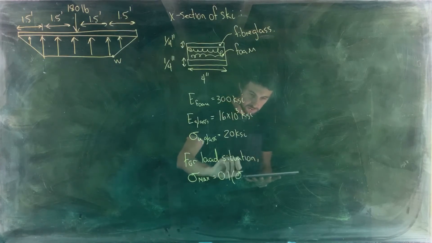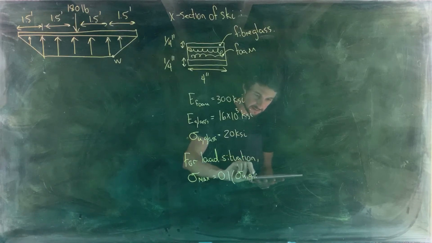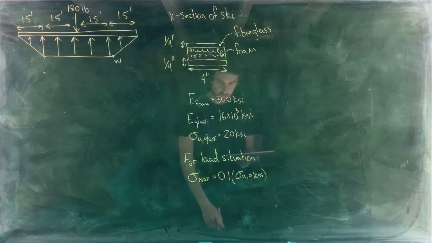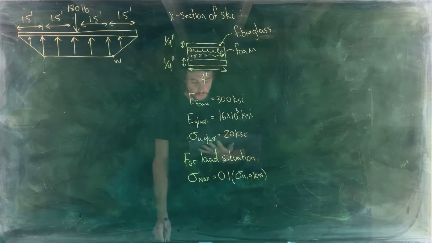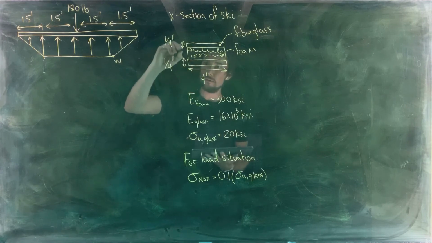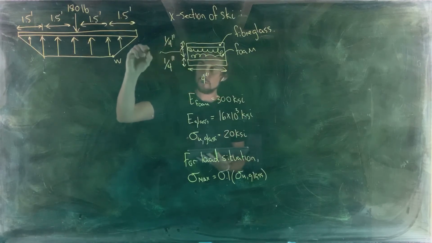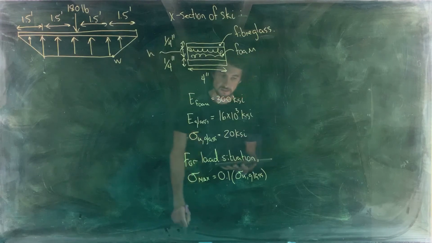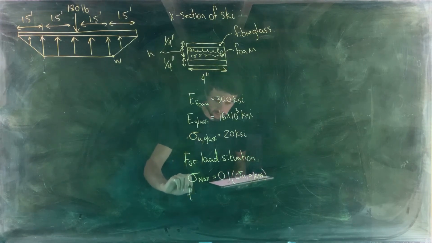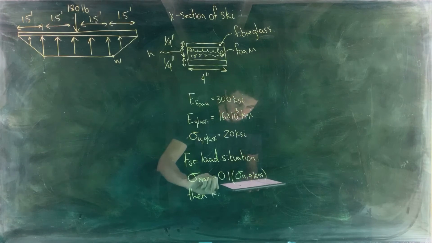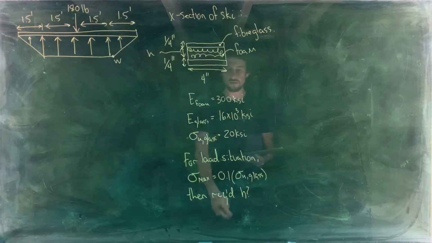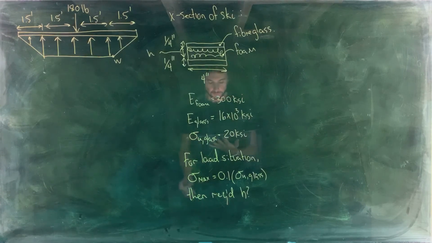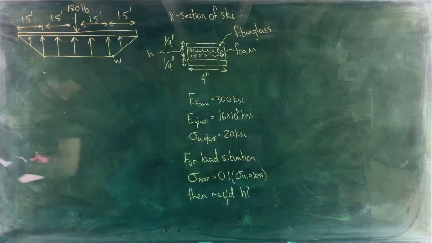So 0.1 sigma u glass. Then we want to determine the required thickness of the foam. The required thickness is the distance here, which we'll call h for height. The required value of h is our question mark. Everybody clear on what the question's asking there?